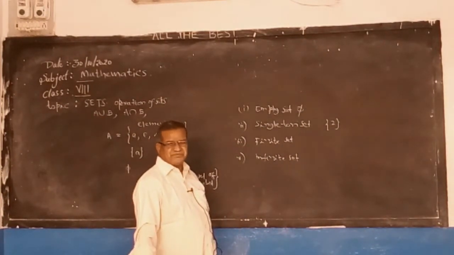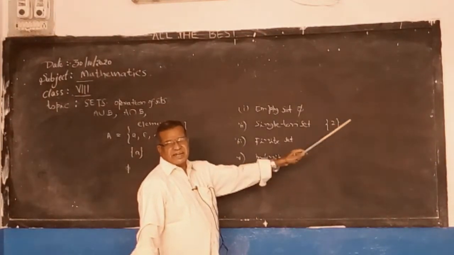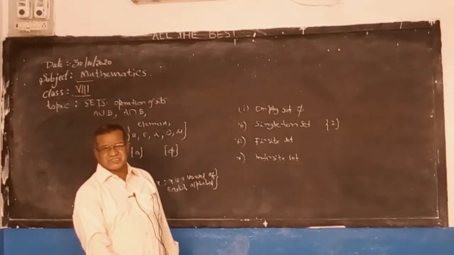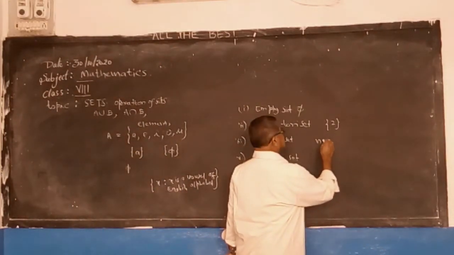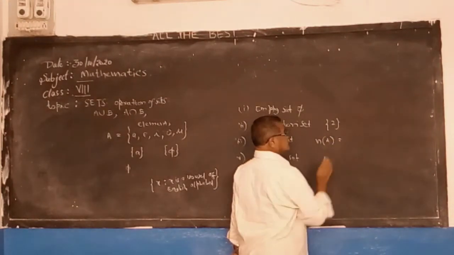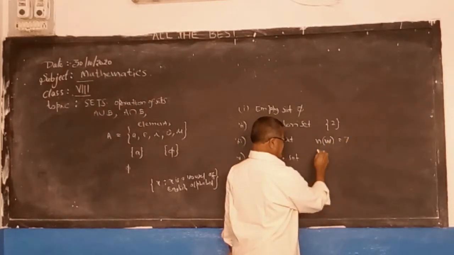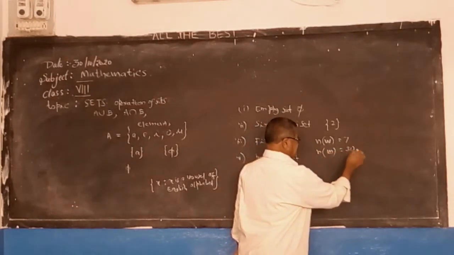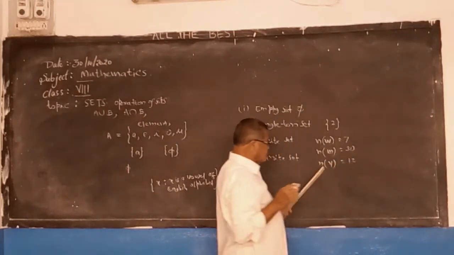We can count, it begins and ends with one number, one object. So it has a cardinal number. Suppose days: a week has 7 days, a month has 30 days, and a year has 12 months. So this is the cardinal number.